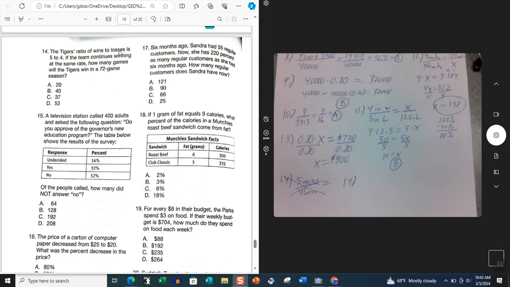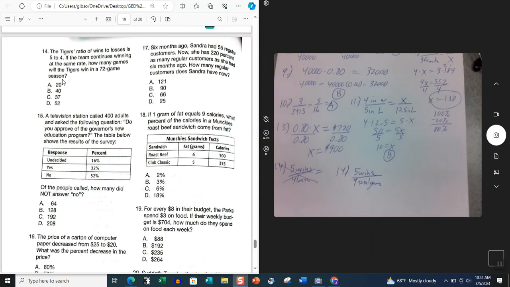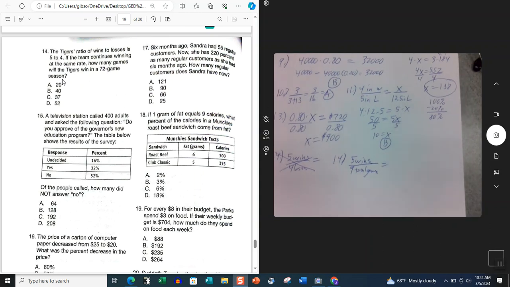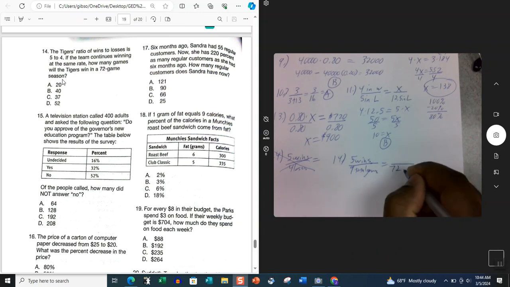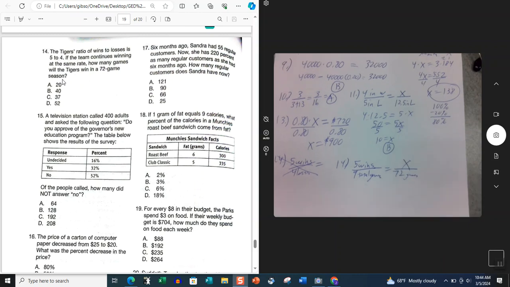They said the wins to losses was 5 to 4. But if you tally these up, that's a total of 9. So if we're going by wins, it'll be 5 wins to 9 total games. Okay, so now we add total games, which is 72, and we're trying to find wins.